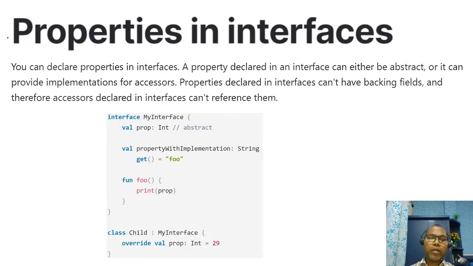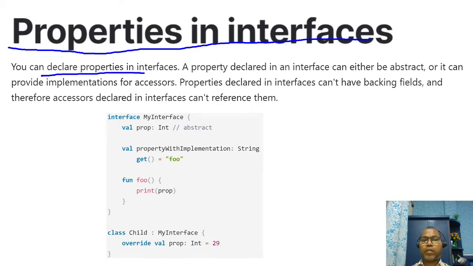Similarly, a method defined in an interface can be overridden by its implementation class. Similarly, you can define a property in an interface as well, but the property declared in an interface is either abstract or it can provide an accessor method.